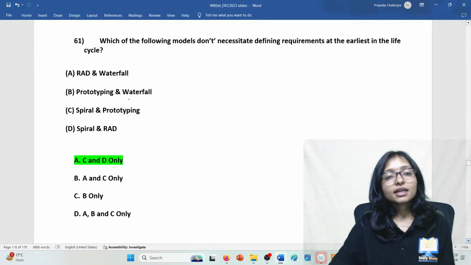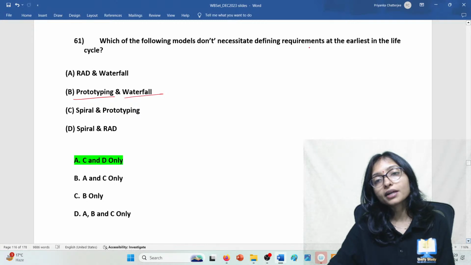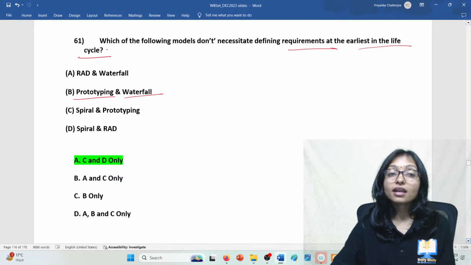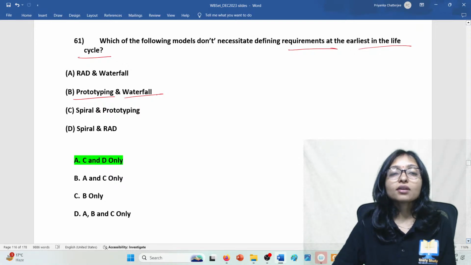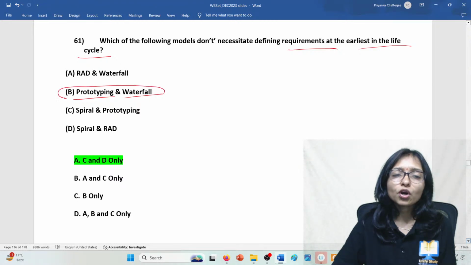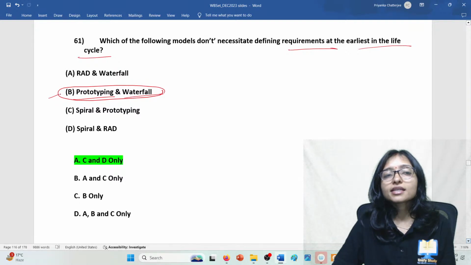Here you can see what the answer will be. The answer is that prototype and waterfall model is required, because it is asking which one does not necessarily define requirements at the earliest of the life cycle, where requirement is not required. In prototyping and waterfall, these are very old models where requirement is always required. That's why this is not. So option B you can eliminate.